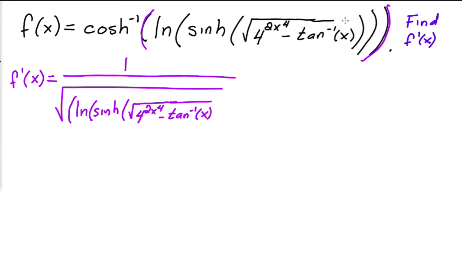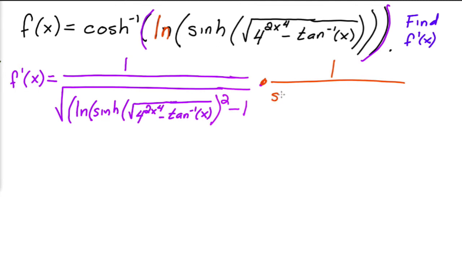And this was meant to go all the way through. Alright, so this guy squared minus 1. Okay, and then times the derivative of the inside. So here, my first inside is the natural log function, whose derivative is 1 over the inside.